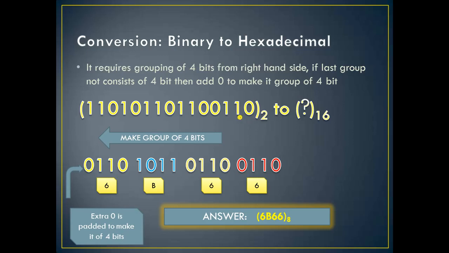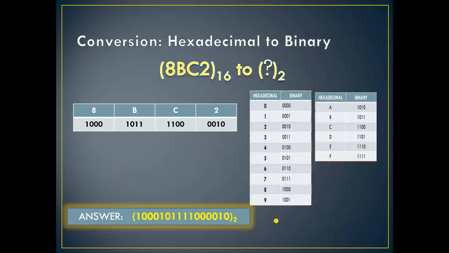When you group it, you can see 0 1 1 0, then again 4 bits, then 4 bits, then only 3 bits will be left, so you add a 0 so that it will make 4 bits. Then you have to write the number accordingly, that for these bits what is the hexadecimal code, so that you will get the answer.